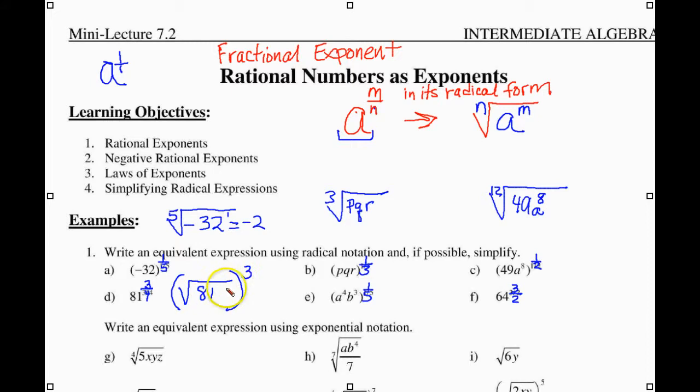That's the preferred way of doing it. And then our index number is 4. And what is the 4th root of 81? Well, it happens to be 3. So 3 to the 3rd power is 27.